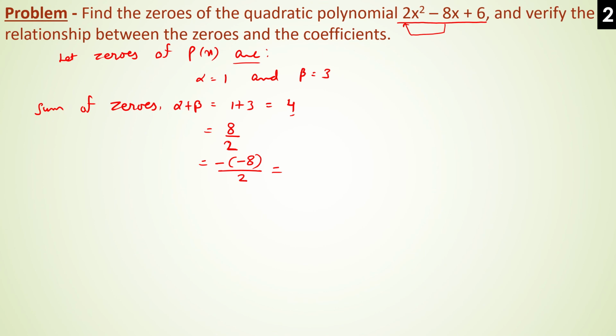So see carefully that minus 8 is the coefficient of x and 2 is the coefficient of x square. So we got the sum of zeros as minus of minus 8 by 2, that means minus coefficient of x upon coefficient of x square.